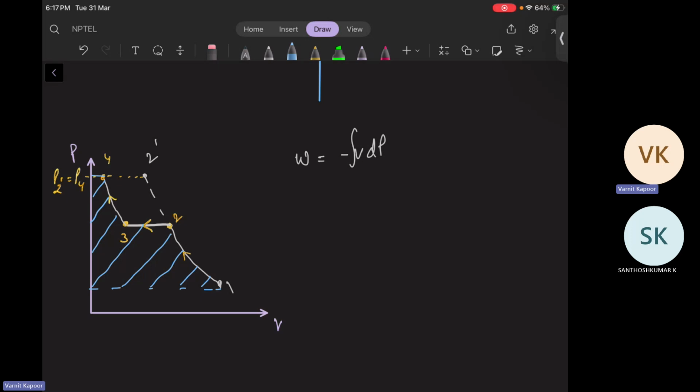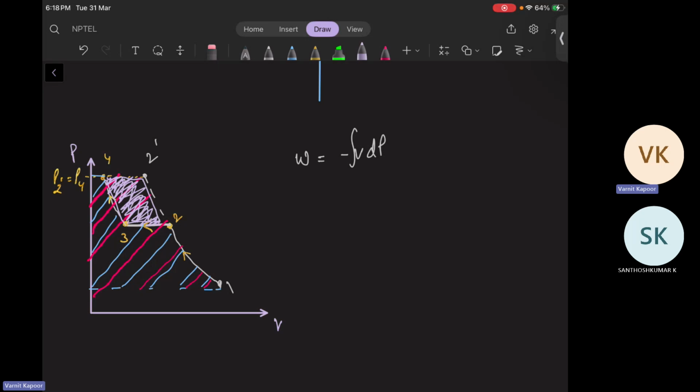Earlier, when we directly went from 1 to 2 dash, your area under the graph would have been this. So that means you have reduced this much amount of area here. This amount of area is not there for our blue lines. That is your intercooling. So we are saving work by the intercooling. We have graphically seen that for this open system device, this much area is being reduced by the intercooling.